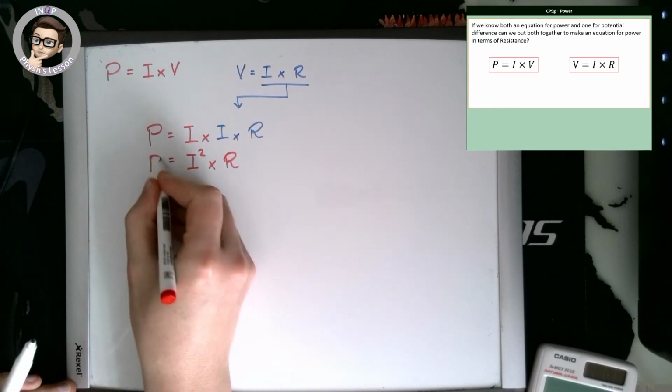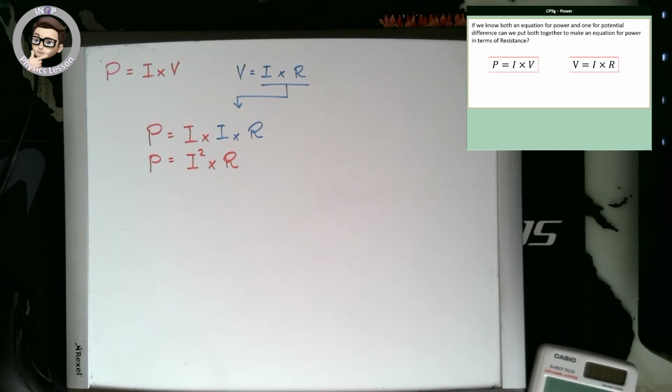So we've got power equals the current squared times the resistance.